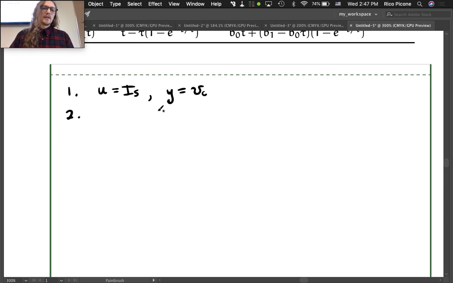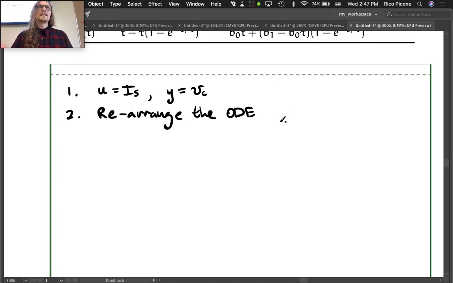Step 2, we should rearrange the ODE. We need to rearrange it to be in the standard form because we're going to use the tables, and if you're going to use the tables, you have to rewrite your equation in standard form. So the standard form is going to be RC, and do you guys want to switch over to y now?